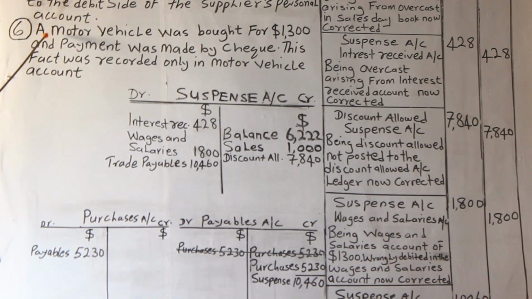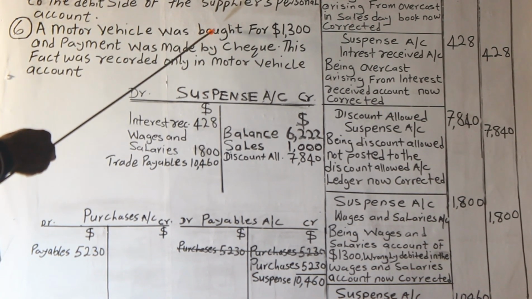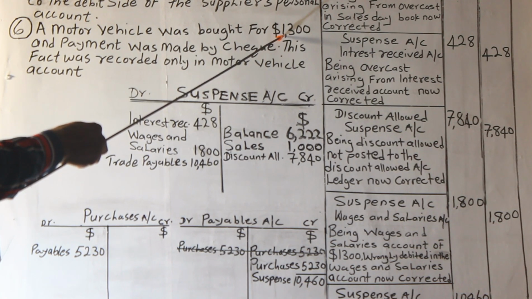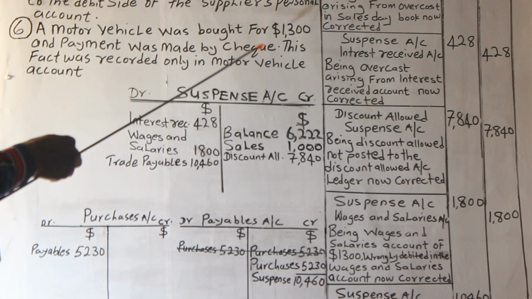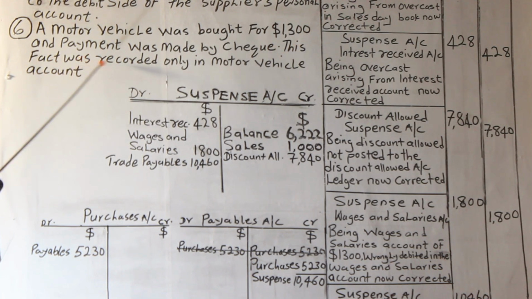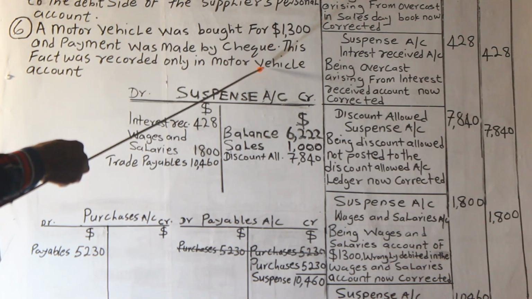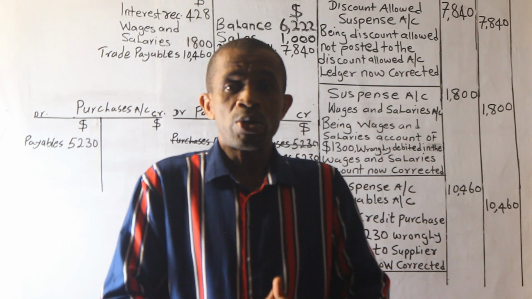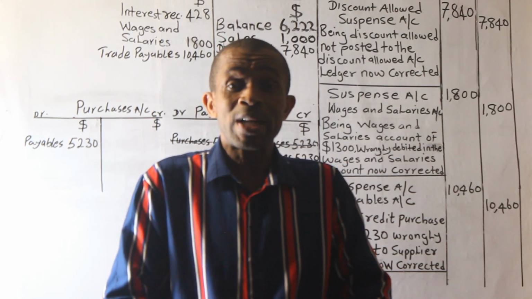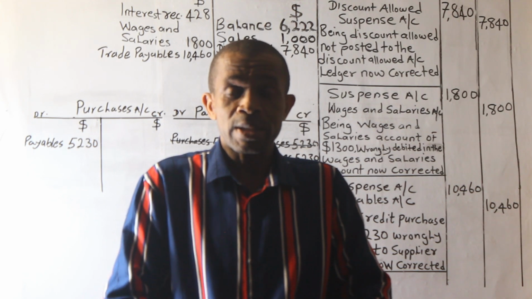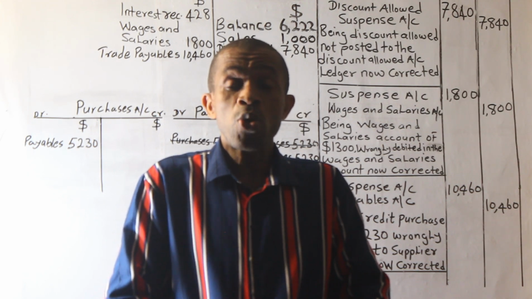Question 6. A motor vehicle was bought for $1,300 and payment was made by check. This fact was recorded only in motor vehicle account. We are told in this question that a motor vehicle was purchased for $1,300 and this was recorded only in the motor vehicle's account.